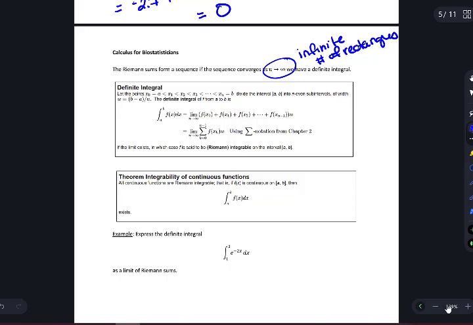Well, what that integral is going to be equal to is here, notice you have that Riemann sum, and we're going to take that Riemann sum, but we're going to look at the limit as n goes to infinity. In other words, we're going to have an infinite number of rectangles.